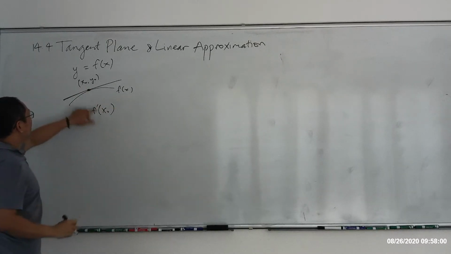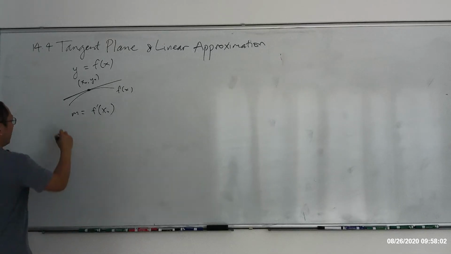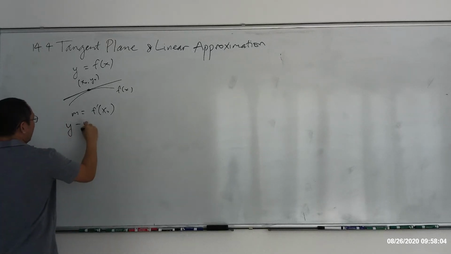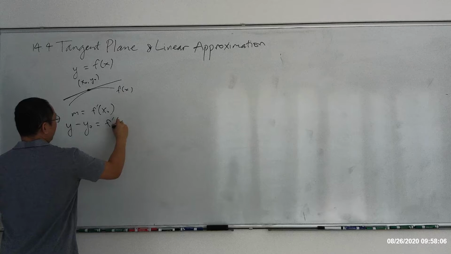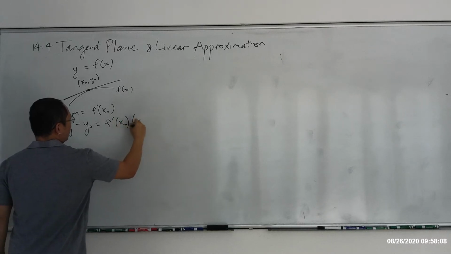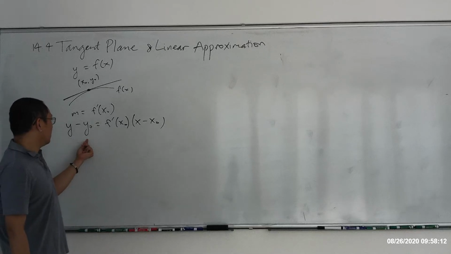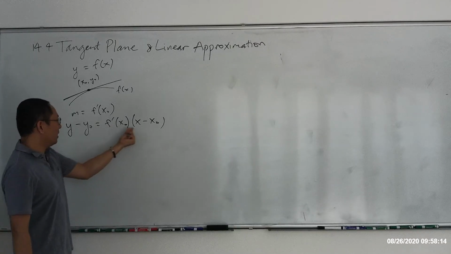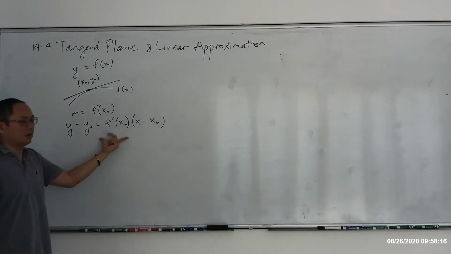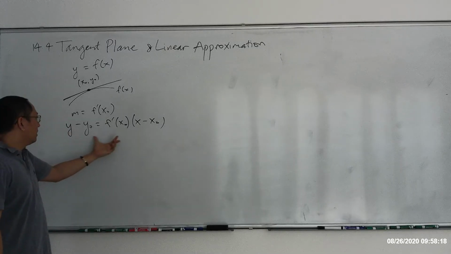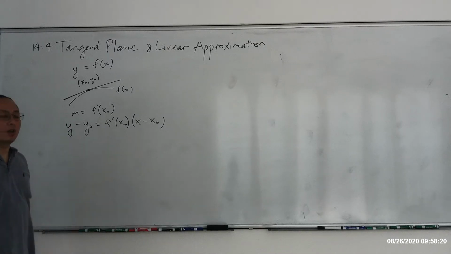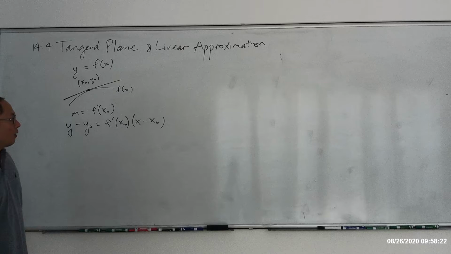With the slope and a point, you find the equation of the line: y minus y naught equals f prime of x naught times x minus x naught, that is, y minus y naught equals m times x minus x naught. This is called the point-slope equation of the line. Okay, that was in Cal 1.